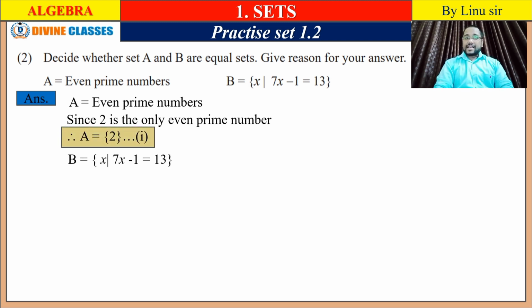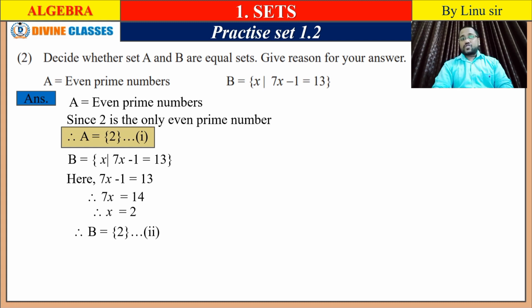Next, set B. Set B question is x such that 7x minus 1 is equal to 13. Yes, same as question number 1. So here first we have to solve 7x minus 1 is equal to 13, right? So minus 1 will go that side and will get added. Therefore 7x is equal to 14. Therefore the value of x we will get as 2, right?